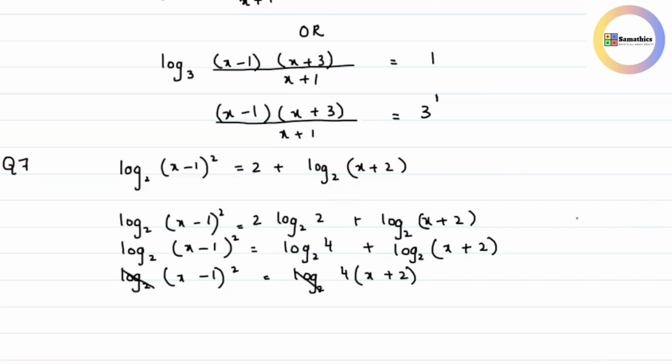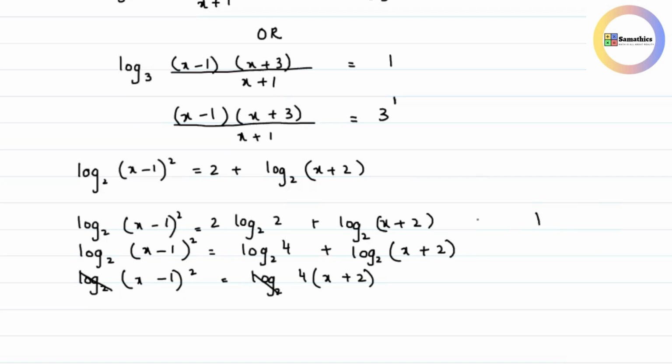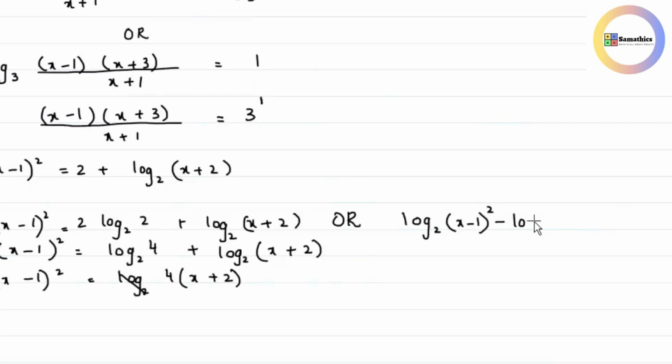So when you bring this on this side, it will become log 2 (x minus 1) whole square minus log 2 (x plus 2), and 2 is there. And here you can write it as log 2 of (x minus 1) whole square upon (x plus 2), and here 2.